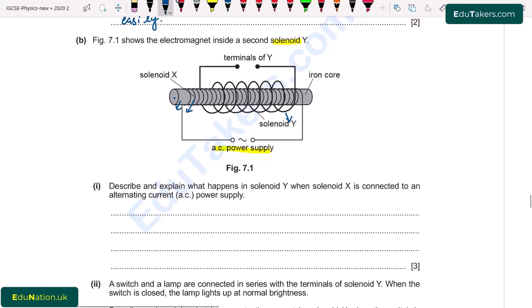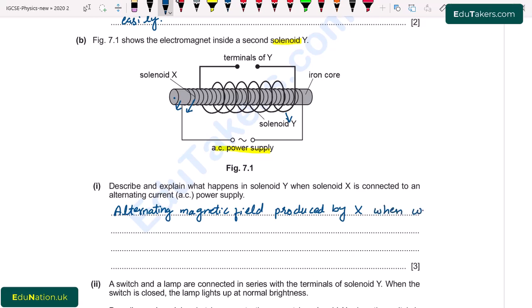So I write here: alternating magnetic field produced by X when we connect solenoid X with AC power supply.